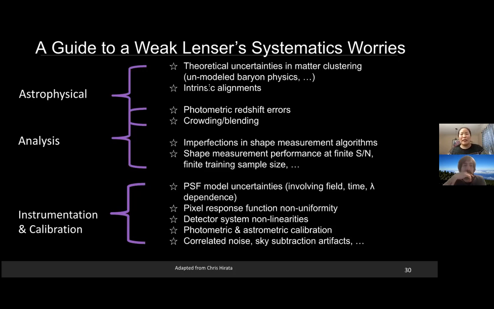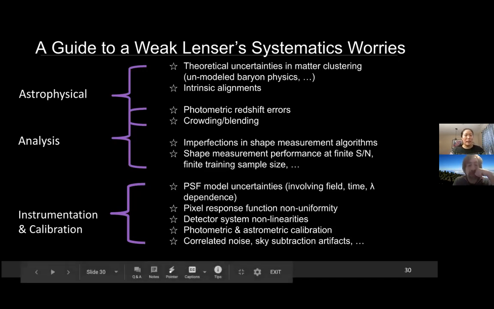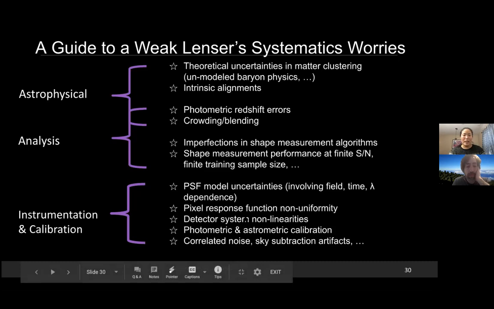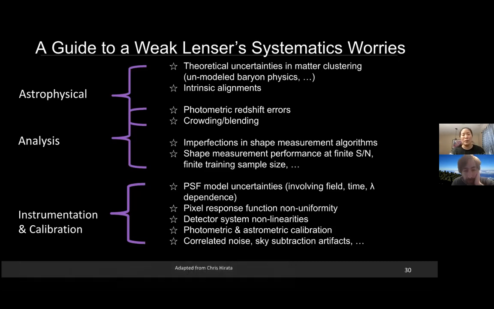I think these top four are probably the main quantities that all surveys will have to deal with. This slide is a little bit biased toward Roman, in the sense that a lot of these uncertainties are more impactful for the Roman Space Telescope and probably Euclid as well, as opposed to LSST.